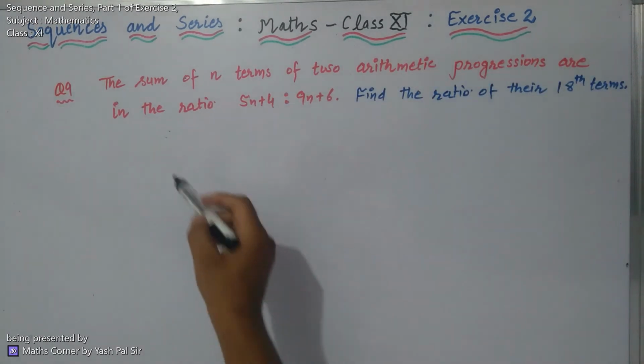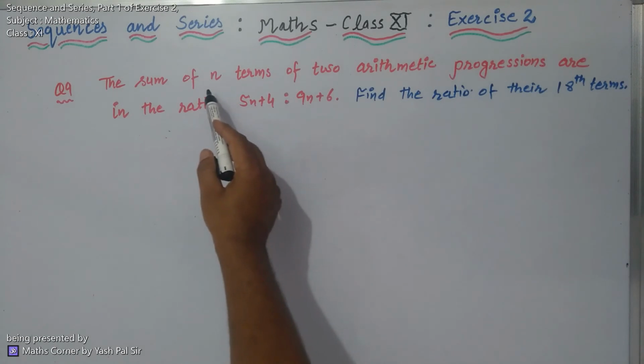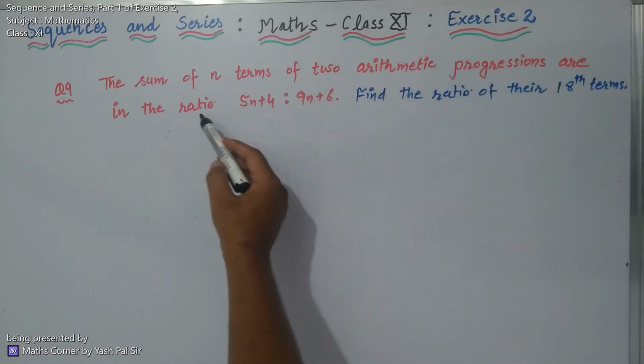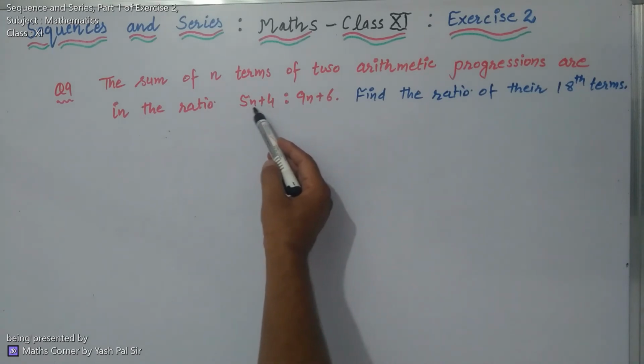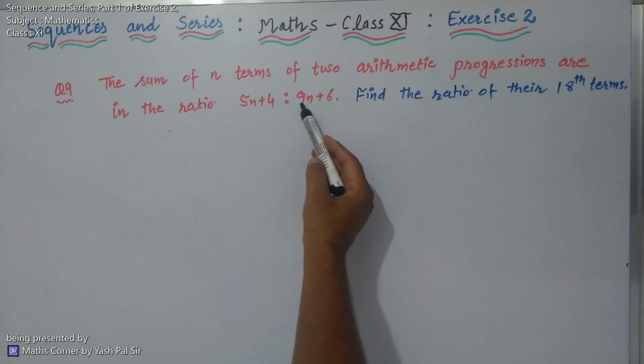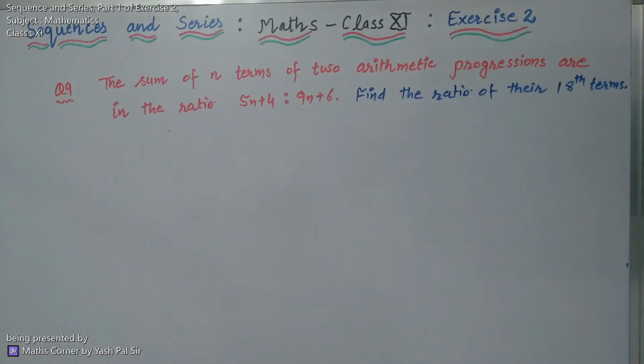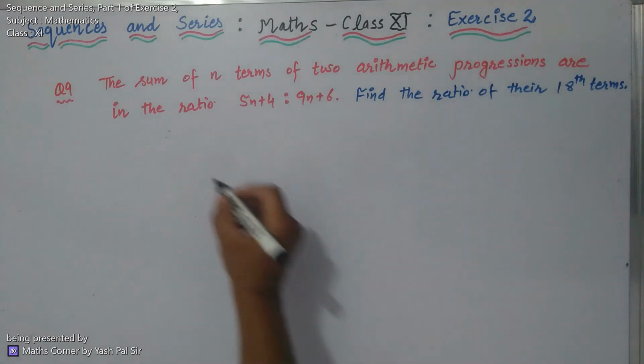Question number 9. The sum of n terms of two arithmetic progressions are in the ratio 5n plus 4 ratio 9n plus 6. Find the ratio of their 18th terms. So here we consider two APs.